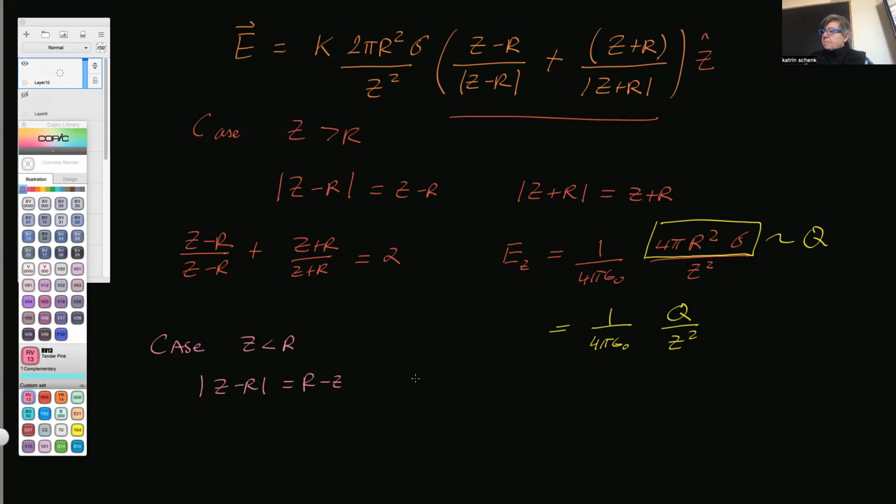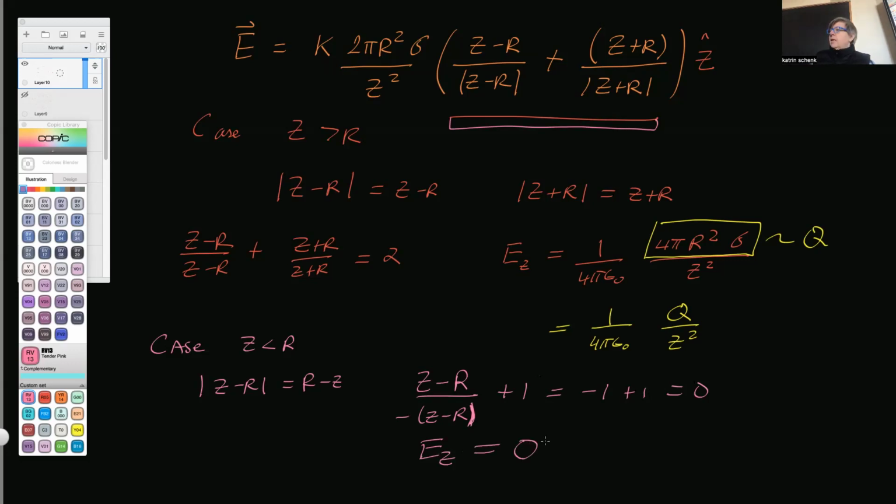So we get this stuff up here: Z minus R over minus (Z minus R), sorry, not absolute value, just parentheses. And then Z plus R over Z plus R is just 1. So this becomes minus 1 plus 1, which is 0. So E_Z inside is equal to 0.